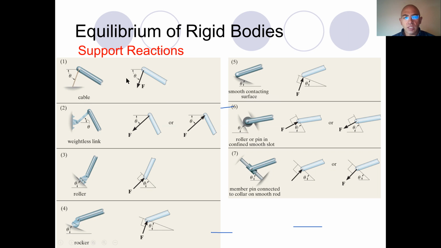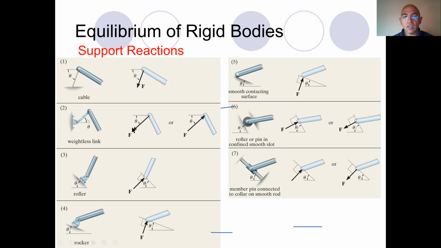As you remember, the cable only carries load along its direction. It will pull, and the cable will carry only load along its direction. What else? We have a weightless link. That's also possible. Again, it only carries load along its direction.